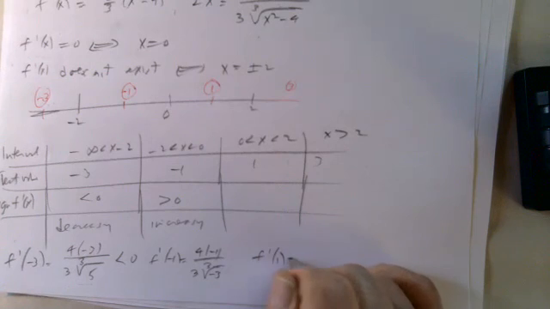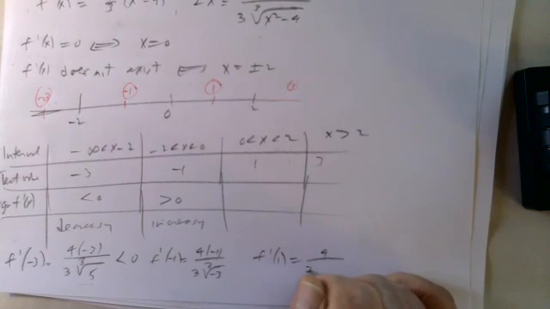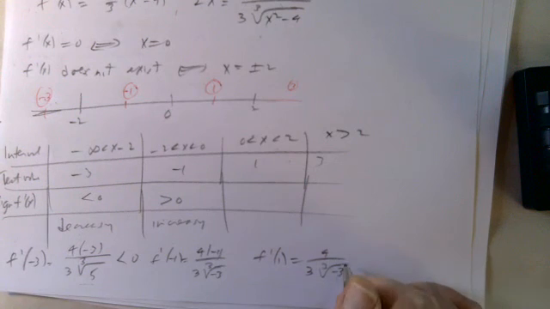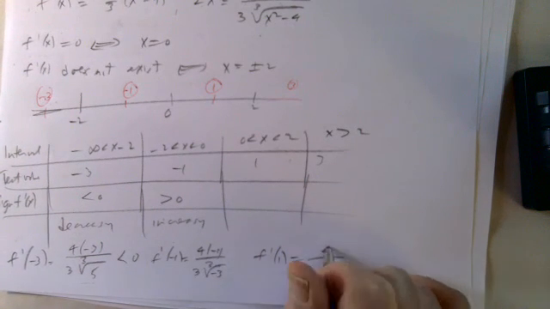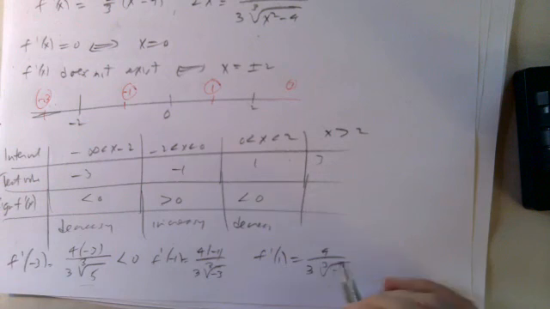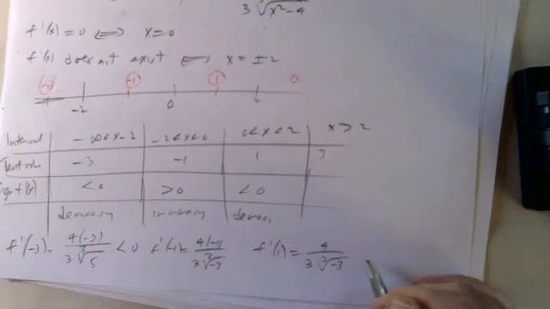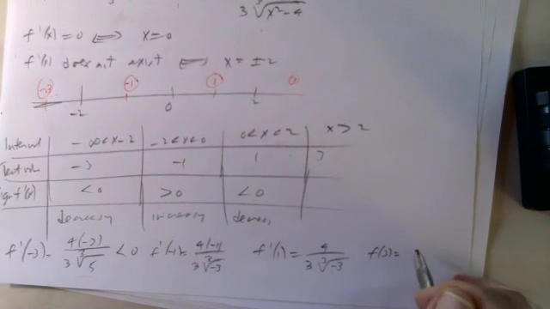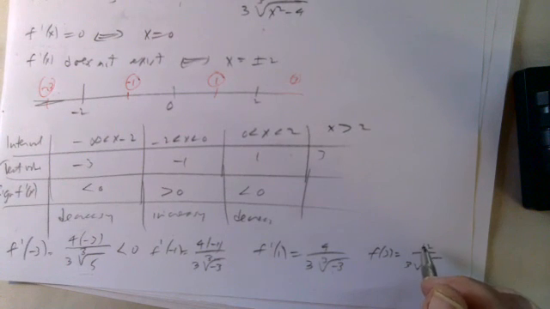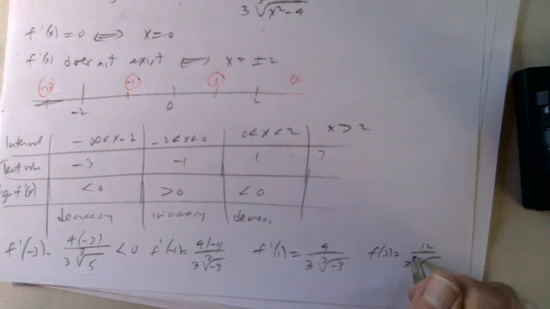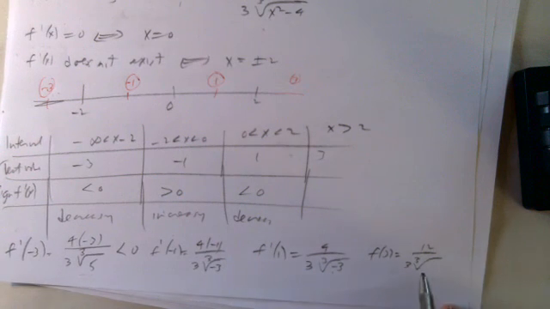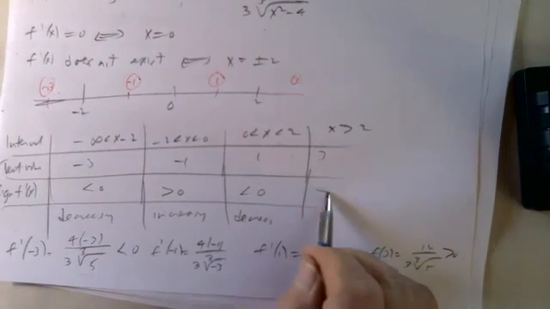What about when x is 1? F prime of 1 is 4 over 3 times the cube root of 1 minus 4, which is minus 3. This is negative times positive. This is negative, so we have a decreasing function. And f prime of 3 is 12 over 3 times the cube root of 5, which is positive.